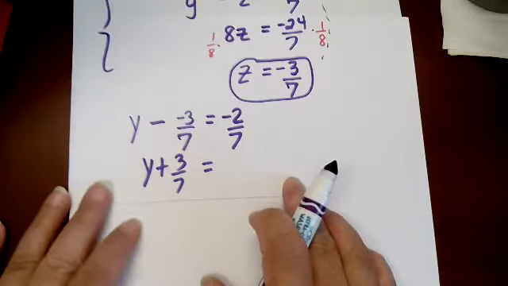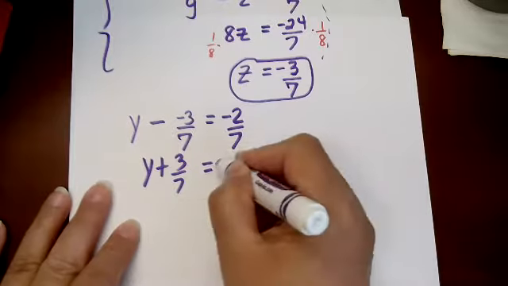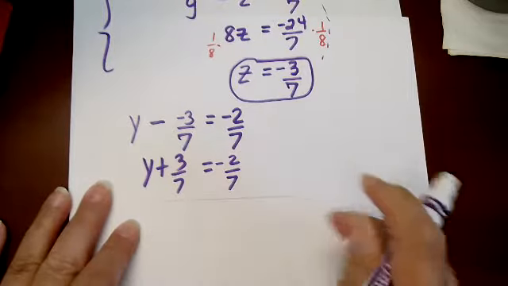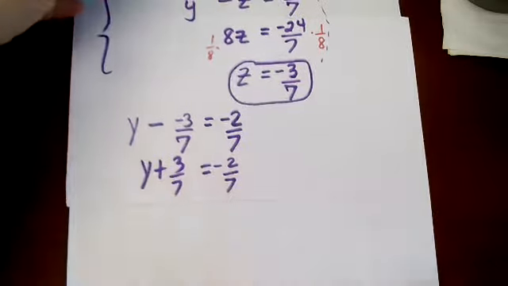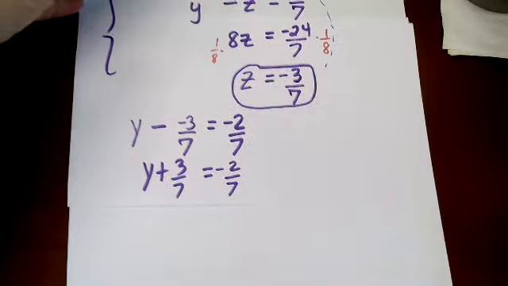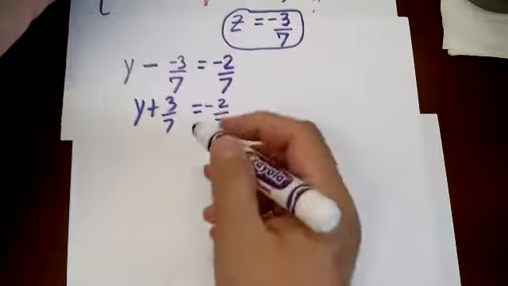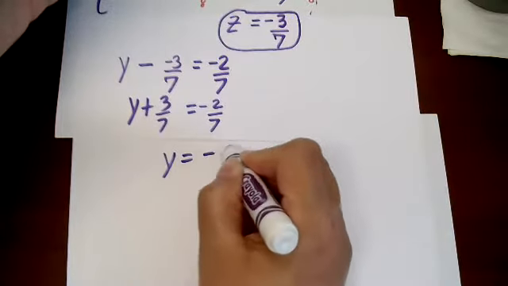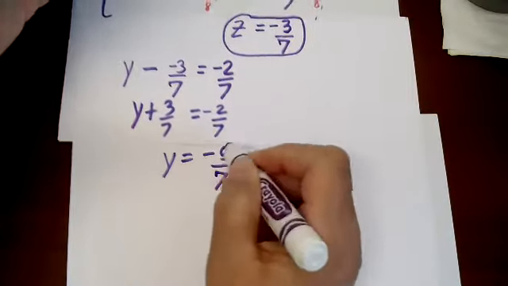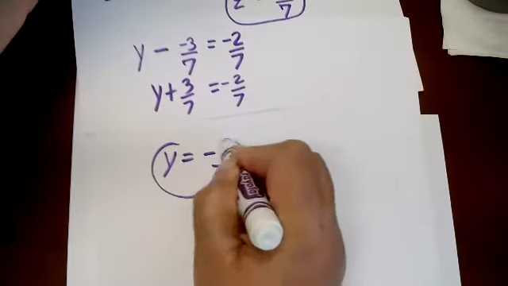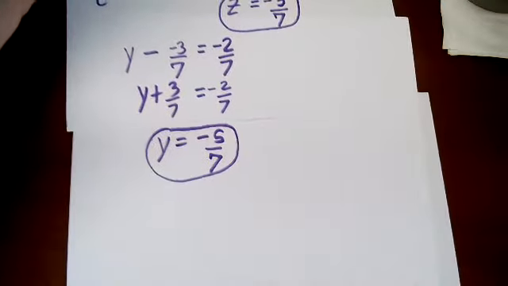So I really have y plus 3 sevenths equals negative 2 sevenths. I'm going to subtract 3 sevenths from both sides. So when I do that, I'm going to get y equals negative 5 sevenths. So I've now solved for y.